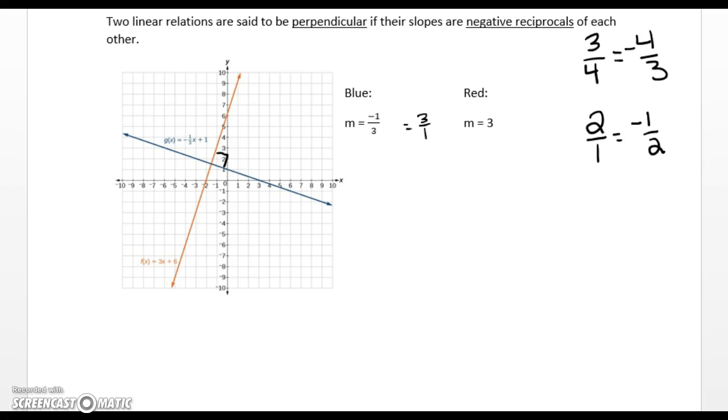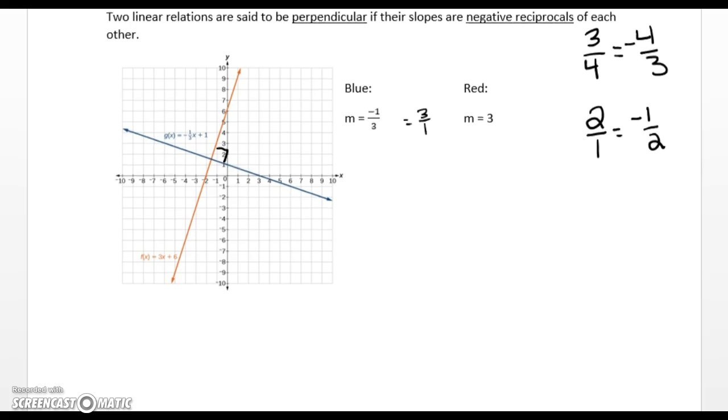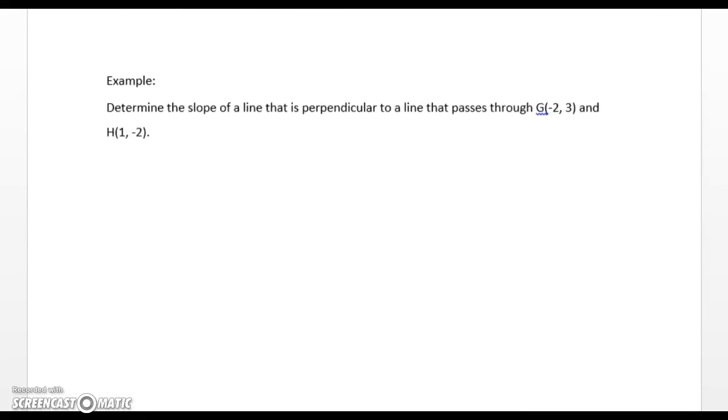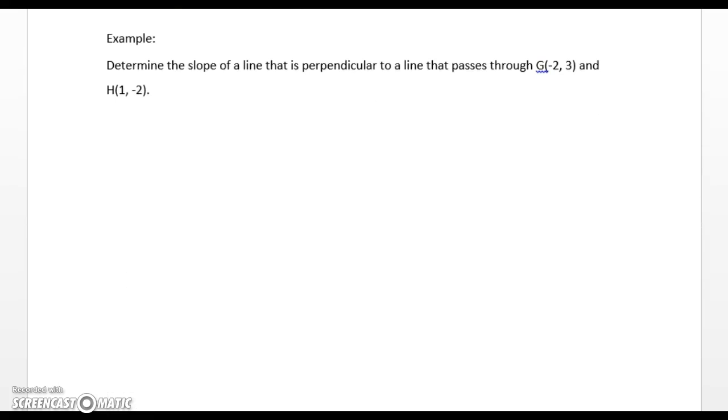Now we're going to take a look at an example from your notes, which is example number 2, where we're going to determine a slope given the slope of another line. Here we're going to determine the slope of a line that is perpendicular to a line that passes through G, which is (-2, 3), and H, which is (1, -2).